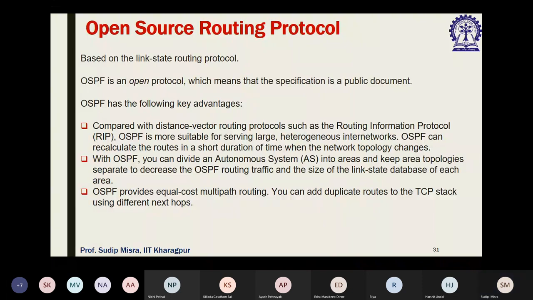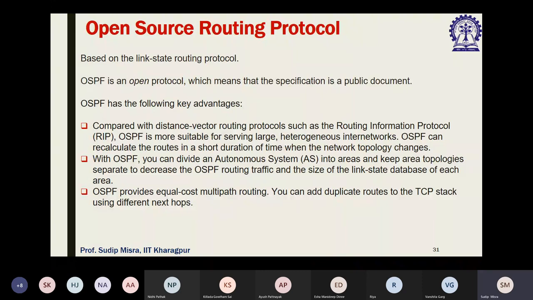So this hello packet, or the pinging of the neighbors, is done every 10 seconds. Now how long is it going to do this? Let us say that in some case it doesn't get a response. It sends a hello packet, it doesn't get a response.